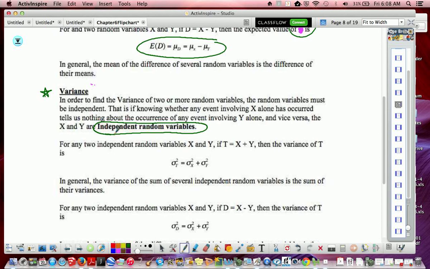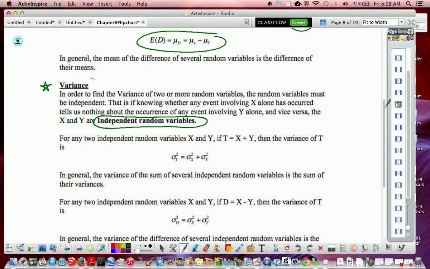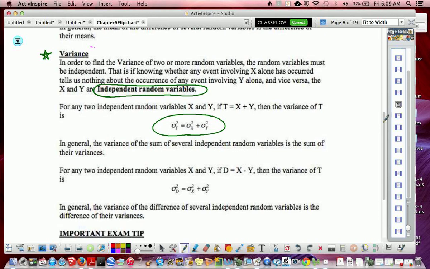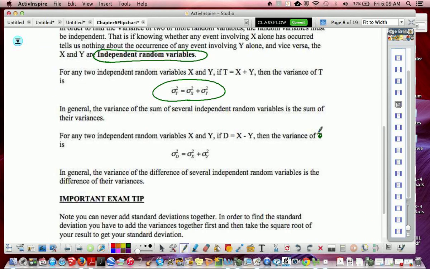Similar to the mean rules, when dealing with addition of random variables, you simply combine your variances to get the new variance, and then take the square root of it to get your standard deviation. Here's the difference, and here's another little typo. This should be D, apologize for that.